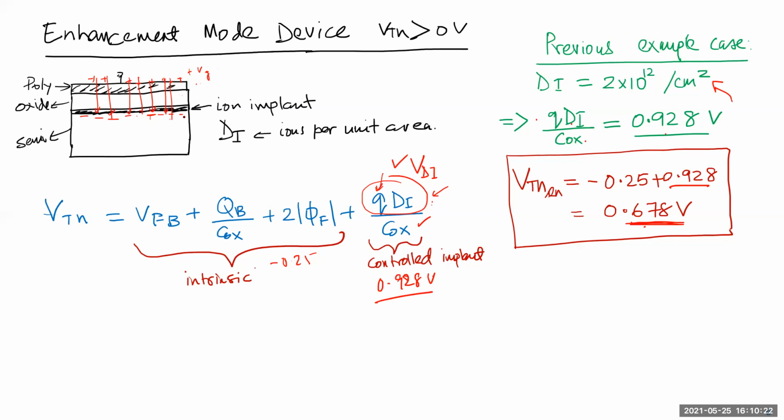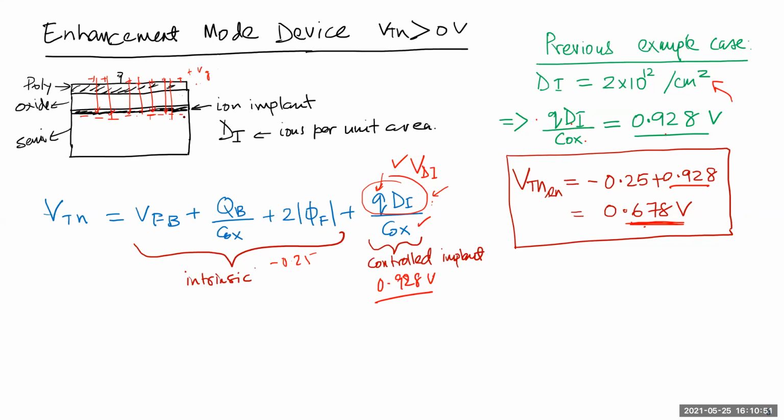Okay, so this is the complete expression for your VT. I'll show you the body effect one later on. It depends on your flat band voltage, which is the work function difference between the two elements, your gate and the substrate, plus whatever depletion charge gets accumulated divided by Cox, which is a small number most of the time, then 2 times the potential, because that's what you require to invert the channel.